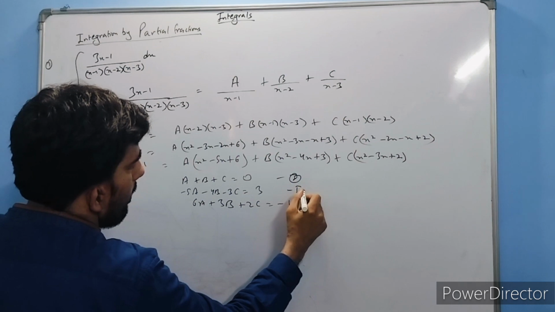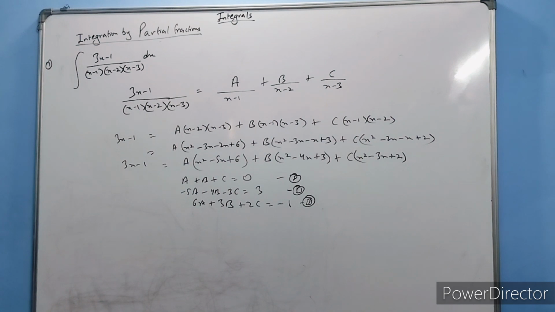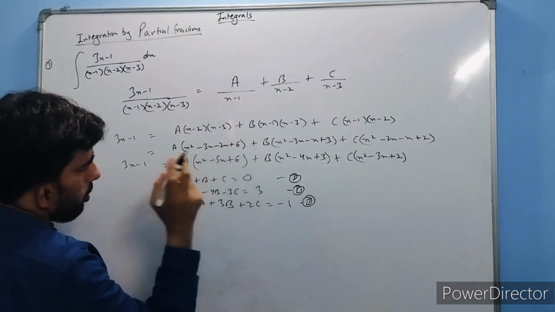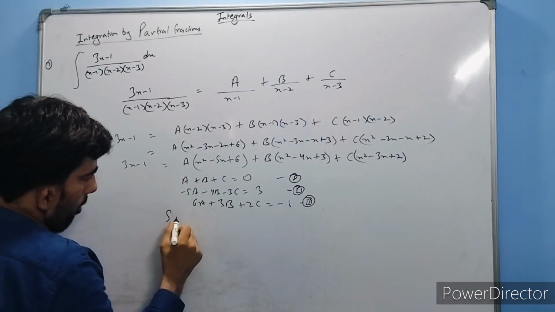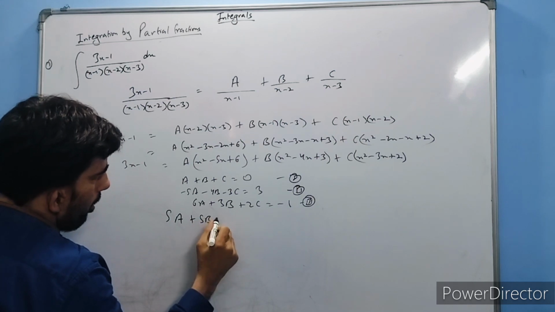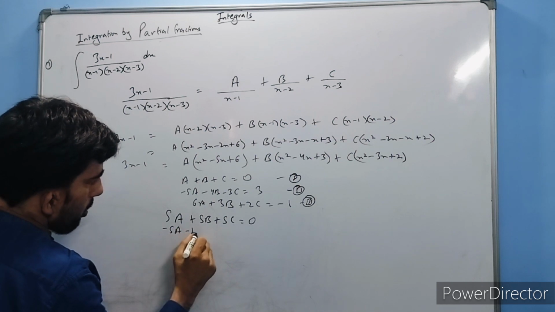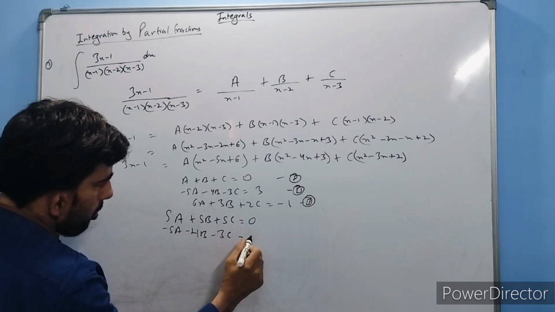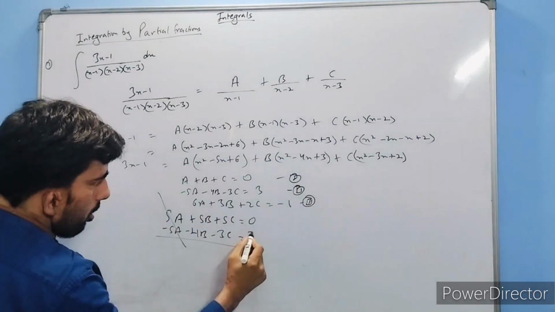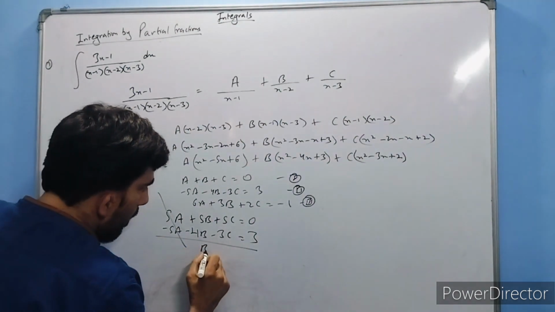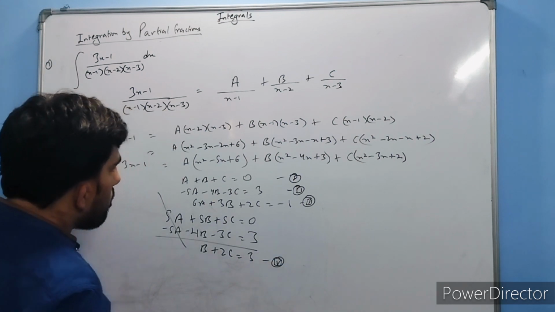Now we multiply the first by 5. So I got 5a plus 5b plus 5c is equal to 0, and minus 5a minus 4b minus 3c is equal to 3. Adding, I will get b plus 2c is equal to 3. So this is my fourth equation.